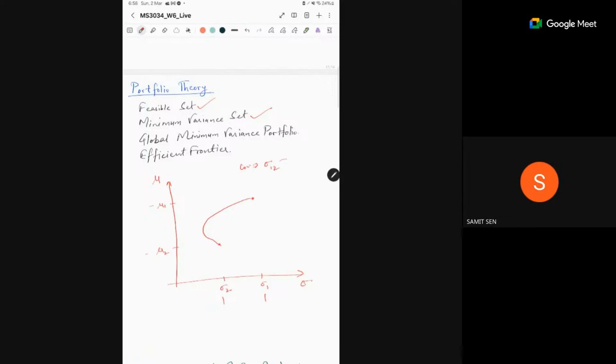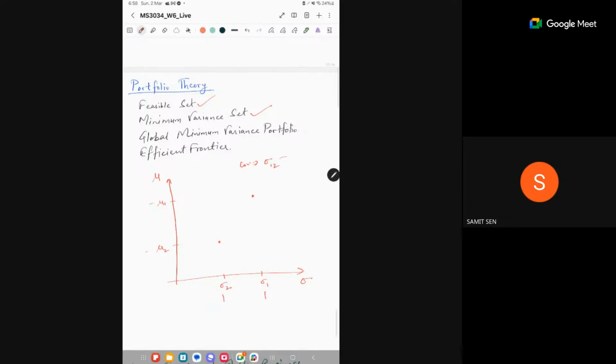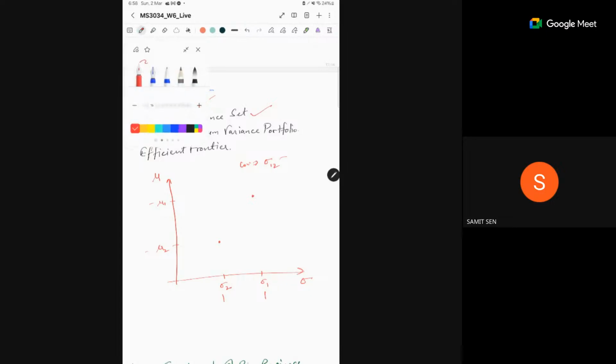What you will get first is a feasible set. Feasible set means this is the combination of mu and sigma that is available to you, correct? That is the meaning of the feasible set. So it will give you the points which are available to you.